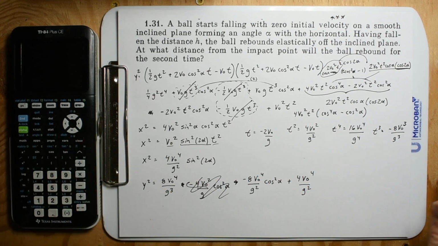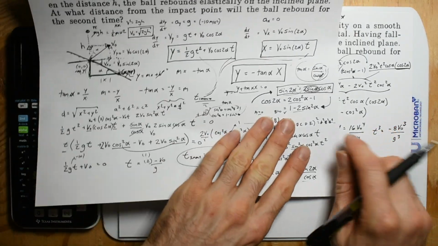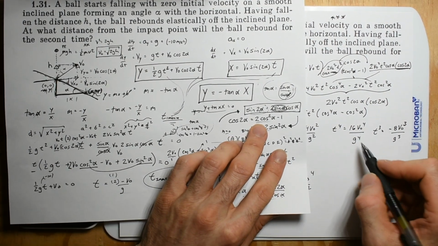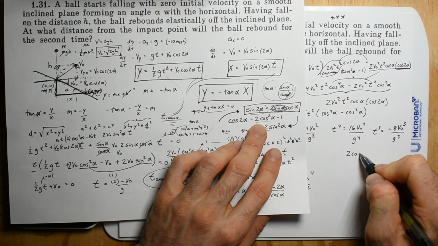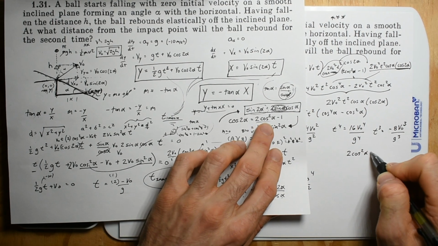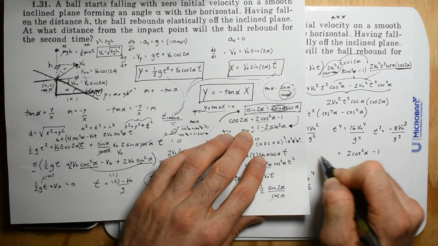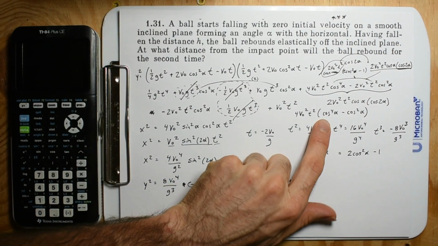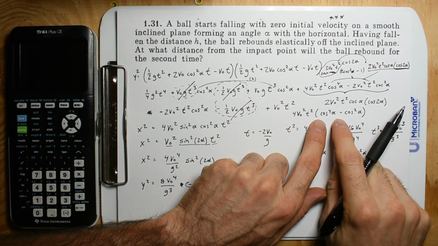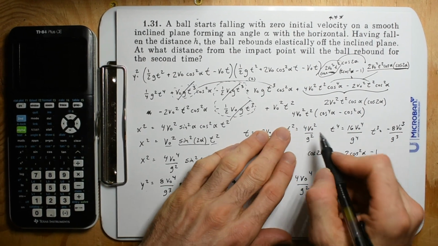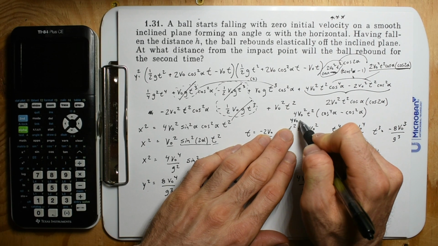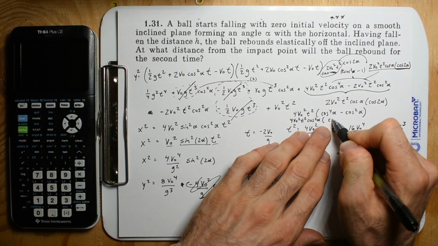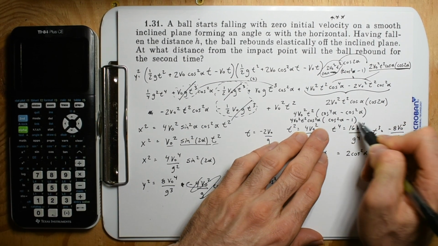And then I think I want to write this one, because if we do have something like 2 cosine squared alpha minus 1, this can equal cosine 2 alpha if we ever get to that step, because right here you can factor out a v naught t squared, factor out a cosine 2 alpha, and now we just have cosine 2 alpha minus 1.